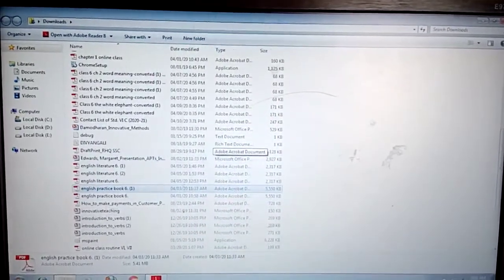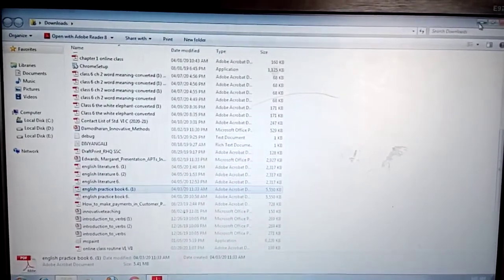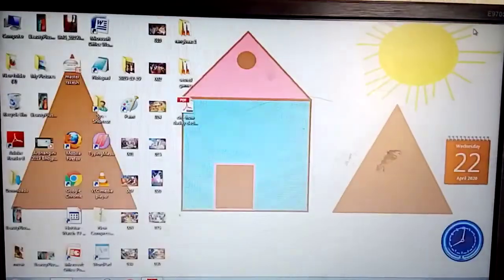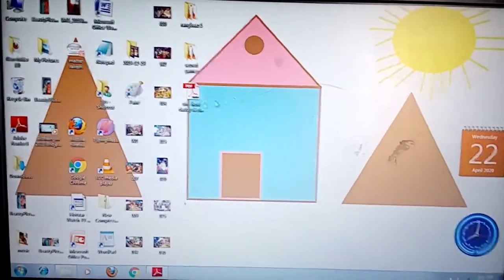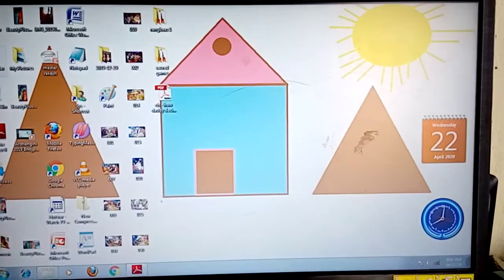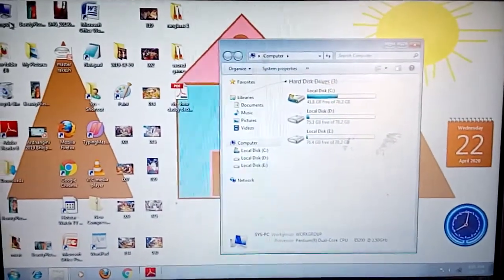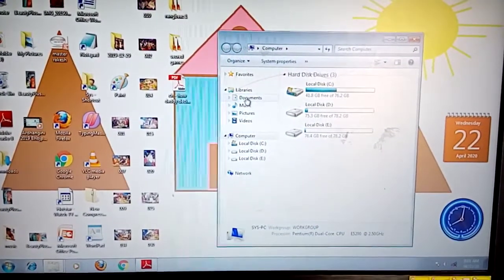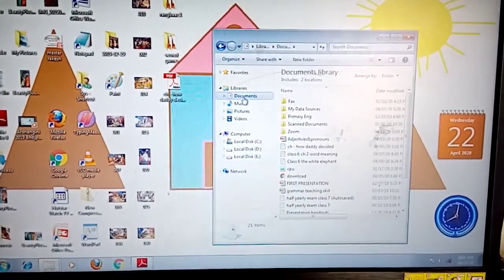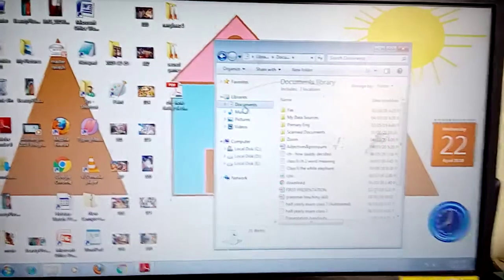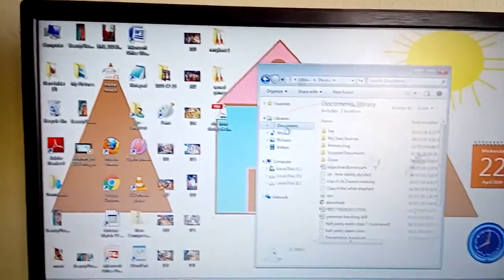First of all, I would like to take you to the definition. What is a pronoun and how can we identify them? How many kinds of pronoun are there?